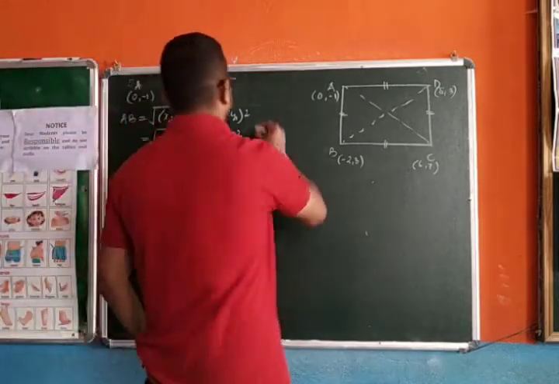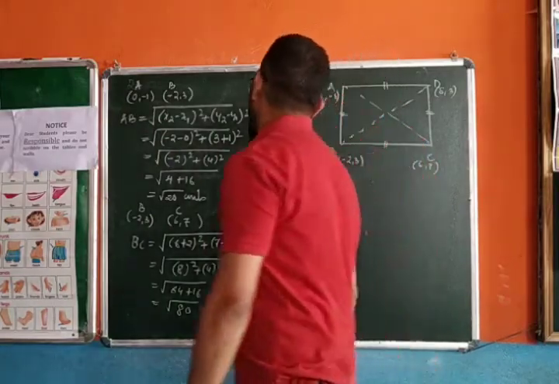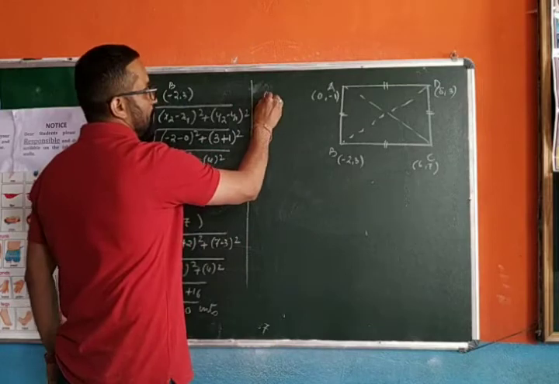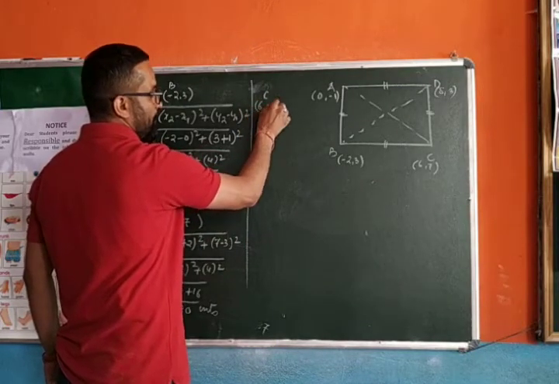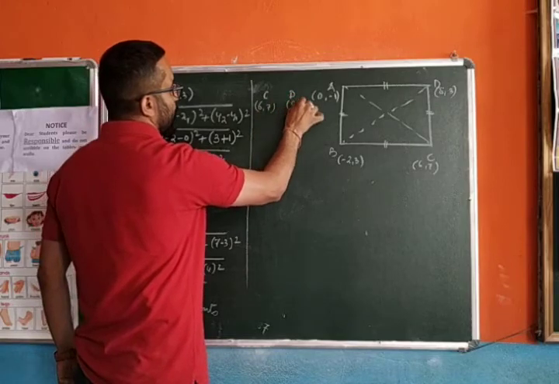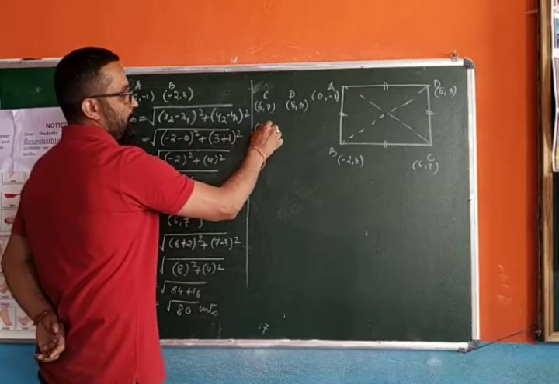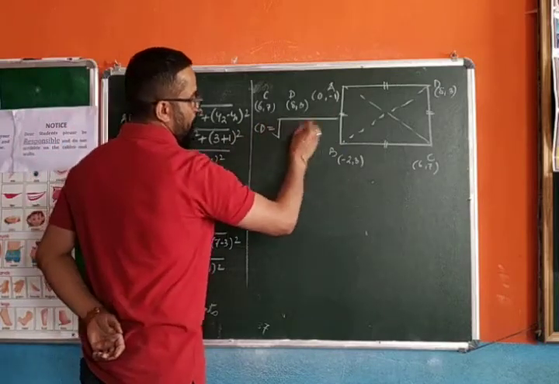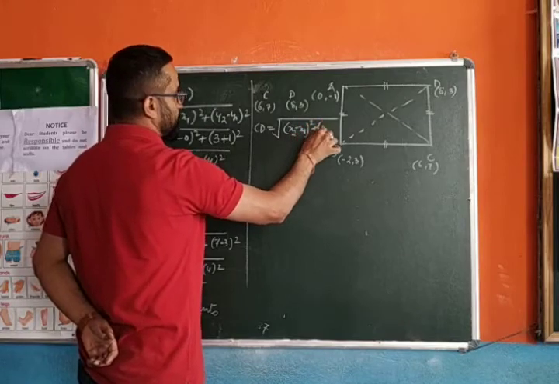Now calculation of CD. C has coordinate (6, 7). D has coordinate (8, 3). Find the distance CD now. You can write the formula if you want, or you can solve it directly.